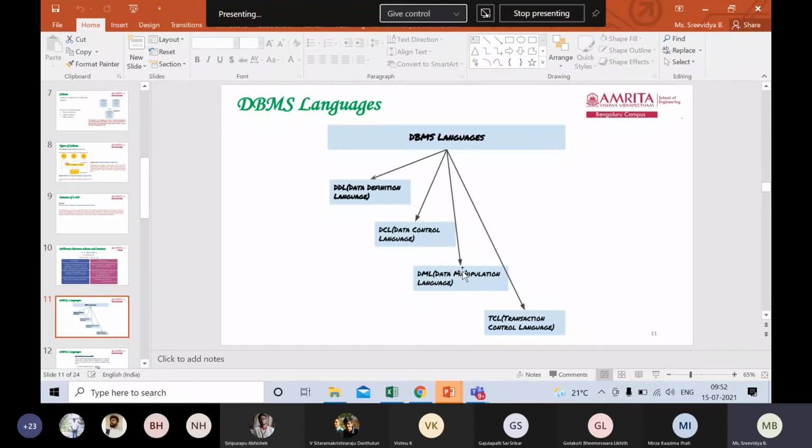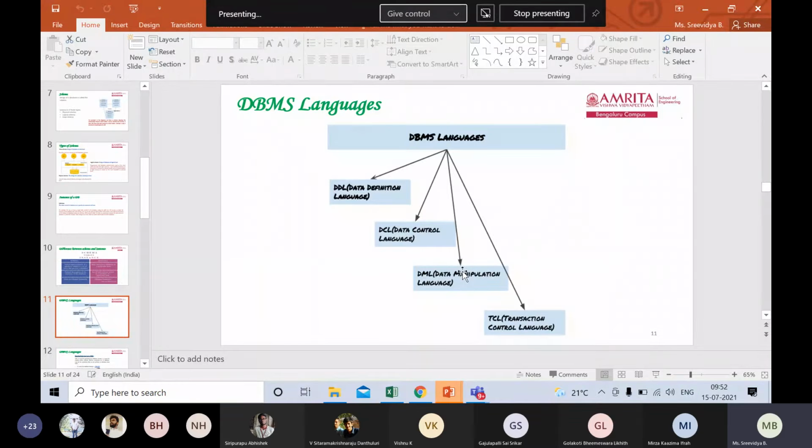Now, within this, we also have what is known as the select command. Select is the most widely used command, and this will come under what is known as DQL, data query language. Some books may talk about it, some books may not. If I have to be specific, the select command is a data query language.